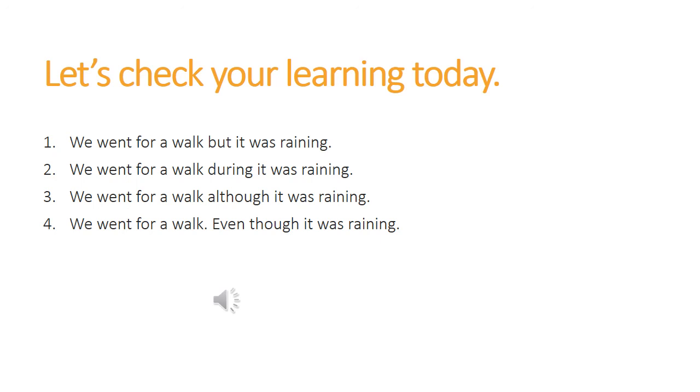Sentence number 4 is incorrect because there should not be a full stop separating the 2 clauses. Sentence number 2 is a complex sentence. However, the conjunction during does not make sense in that sentence. We went for a walk during it was raining.